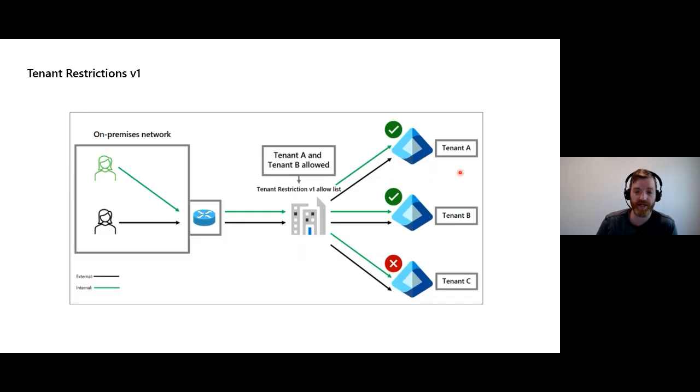There is no granularity in terms of what applications are allowed, or even what specific users are or are not allowed. By default, if I allow tenant A, it's open for anybody. Any kind of identity, personal or unmanaged or external identity, can access tenant A, in addition to what I'm actually trying to authorize, which is just my own users trying to access tenant A.